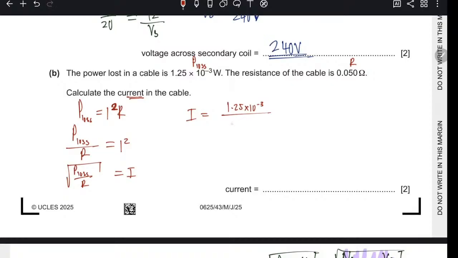When you want to say times 10 to the negative 3, you say exp negative 3. Close bracket, divided by 0.050. Tell me what you get. Then you do square root. What do you get?